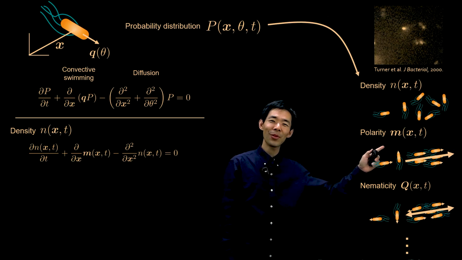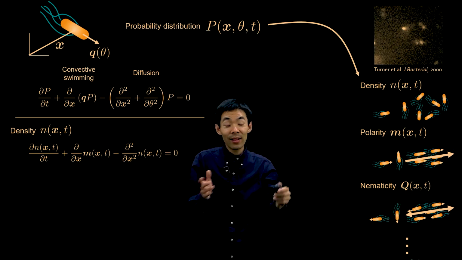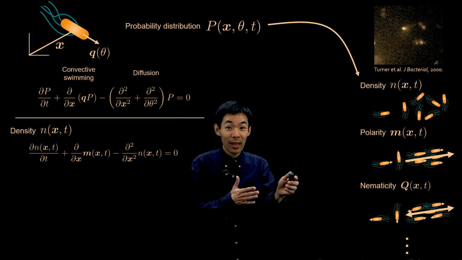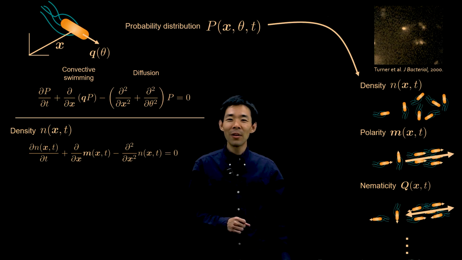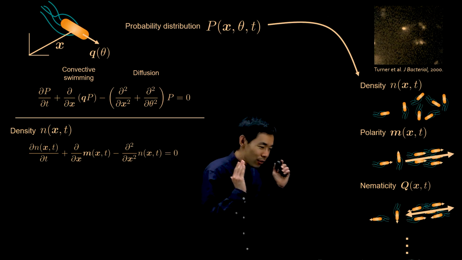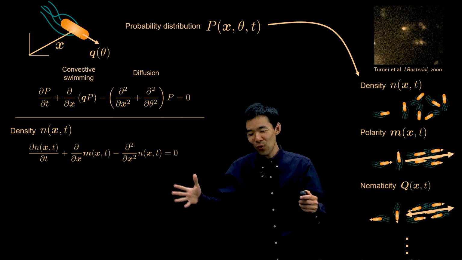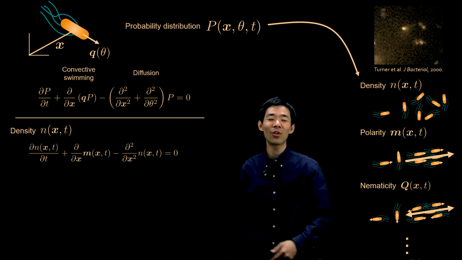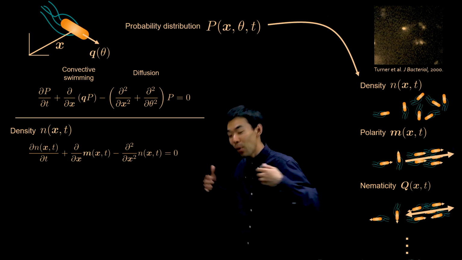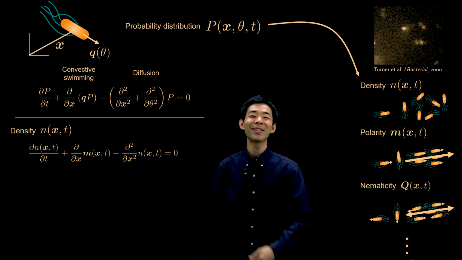This polar order is defined as this distribution multiplied against the orientation they're pointing in, and then you average and integrate from 0 to 2 pi. So that tells you on average which direction they're pointing in. You saw in the previous slide, the movie showed that all the bacteria were drifting and moving along one direction. That's polar order. They have polarity in the direction that they're fluxing towards.